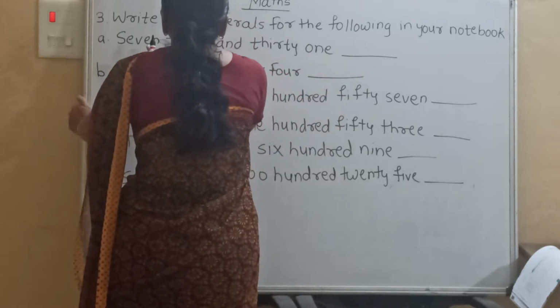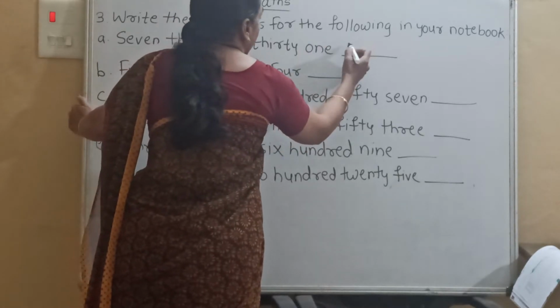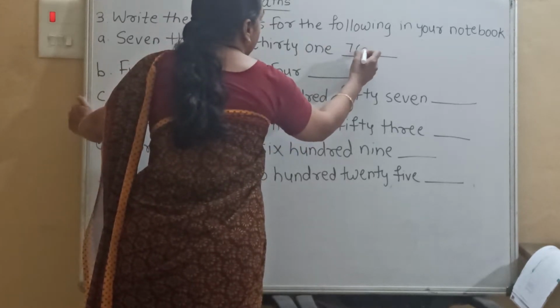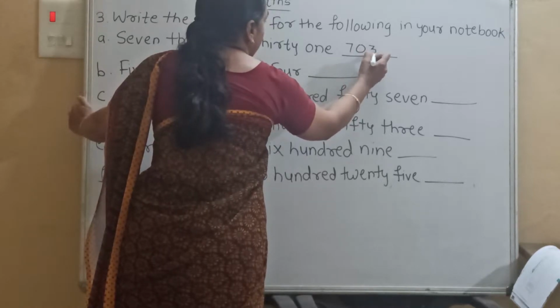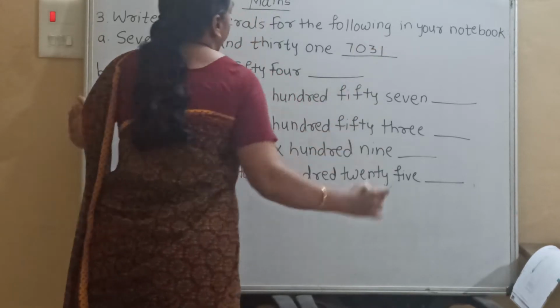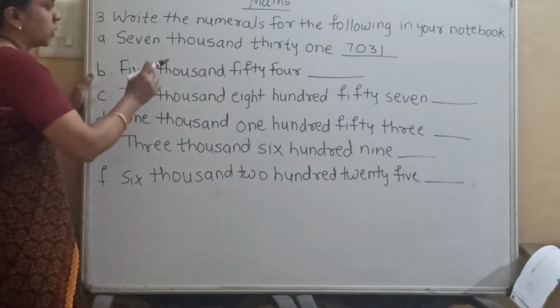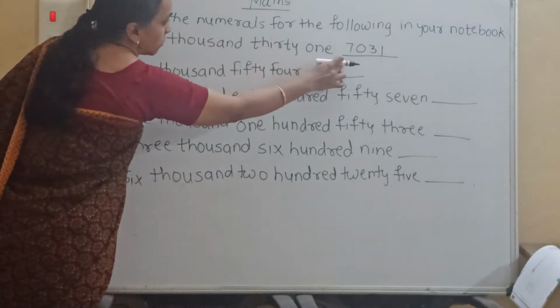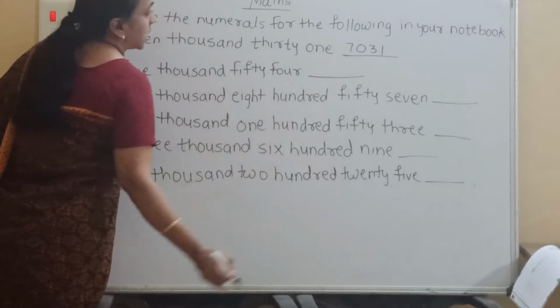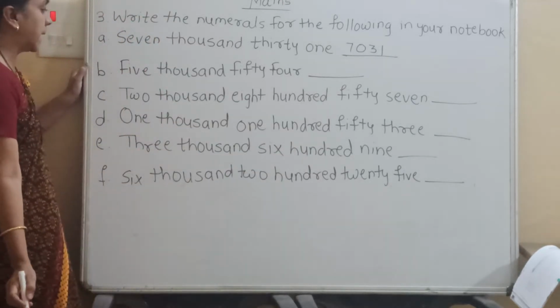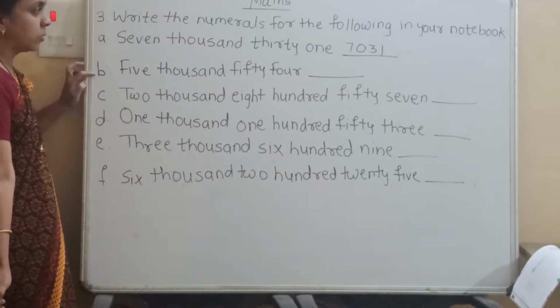So you write down like this, 7031. In your notebook also you have to draw one line with the help of your scale and pencil. So it will look nice.